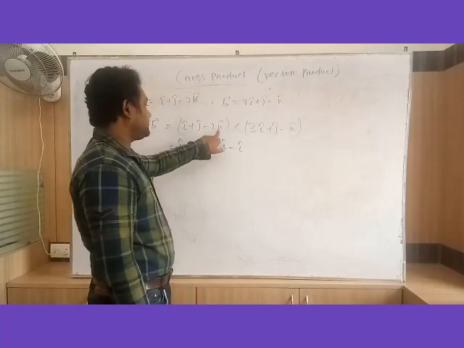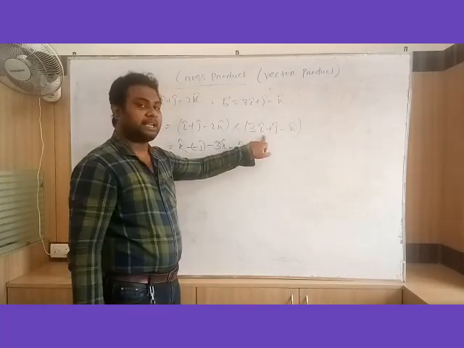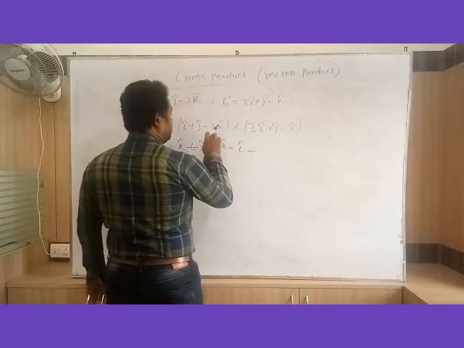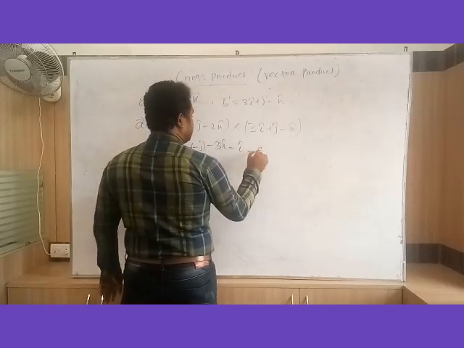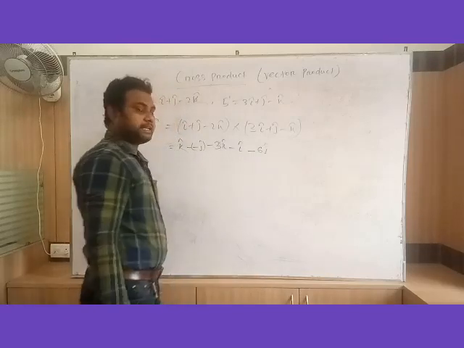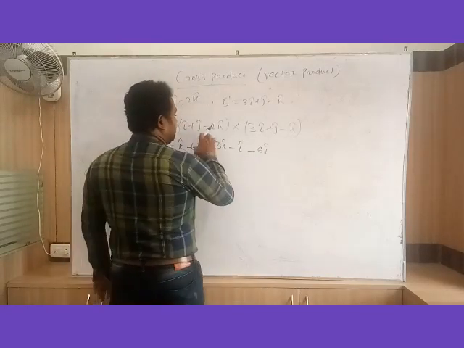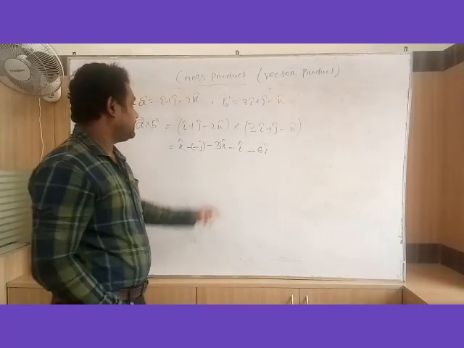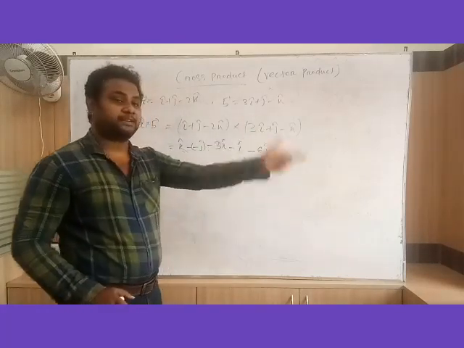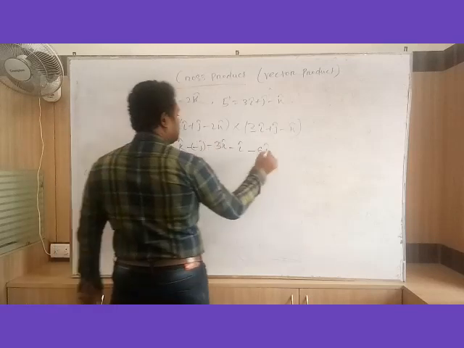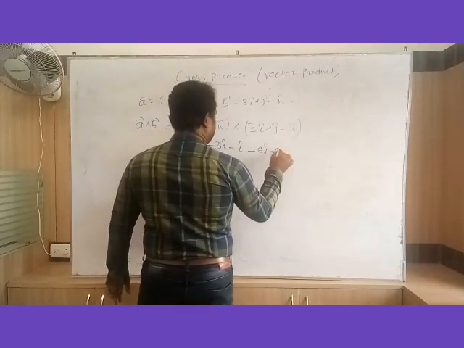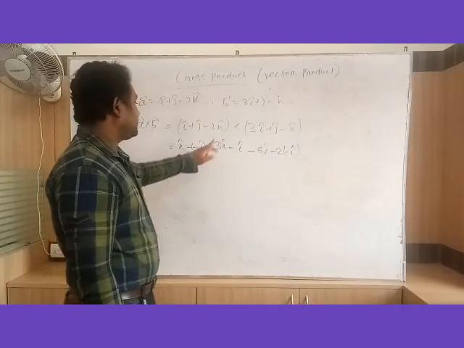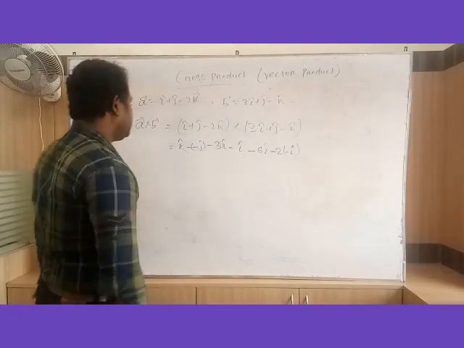Then come to this k cap. K cross I becomes j cap. So minus 3 into 2, minus 6j cap. K cross j: j cross k is I, k cross j is minus I. So the value becomes minus 2 into minus I cap. K cross k becomes 0.